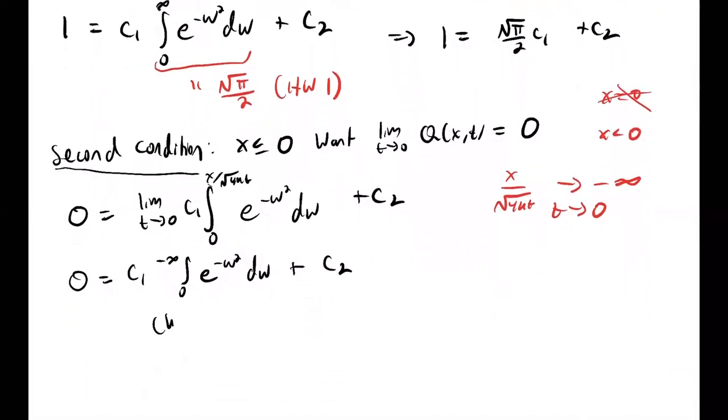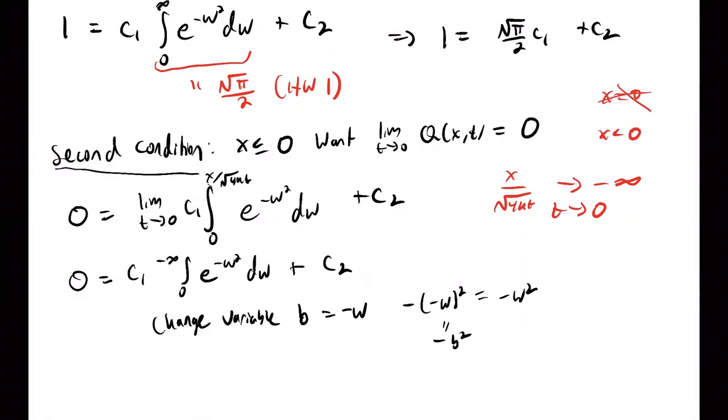What I'm going to do is just change variable. Let me use b, a letter that hasn't showed up. Let's say b is equal to minus w. Notice that minus w squared is still minus w squared, so minus w squared is equal to minus b squared.